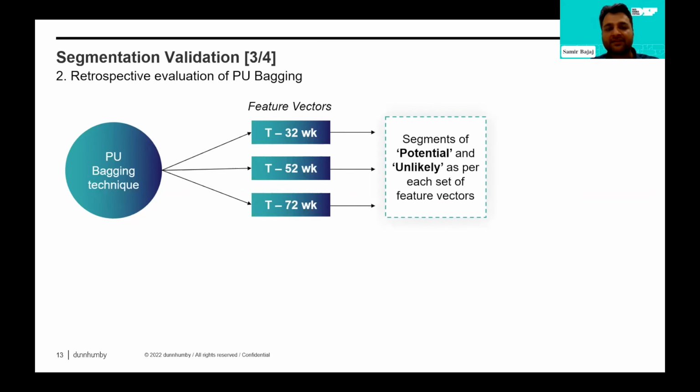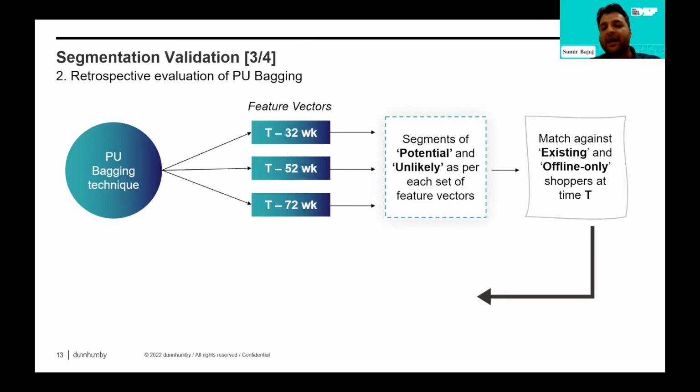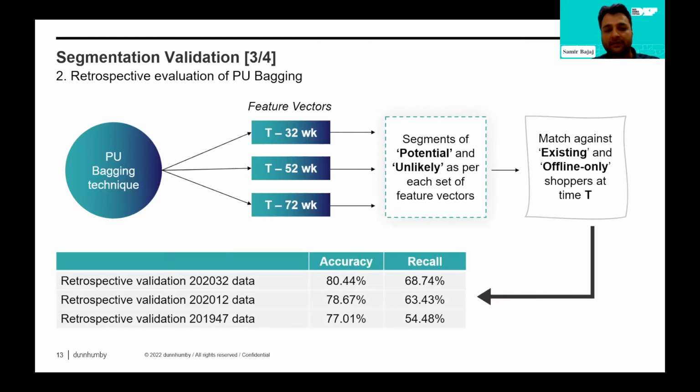And once we have this potential and unlikely at T minus 32, T minus 52, and T minus 72, we map and cross-reference them against existing and offline-only customers, which is our time T now. And against that also we do a similar accuracy and recall check.